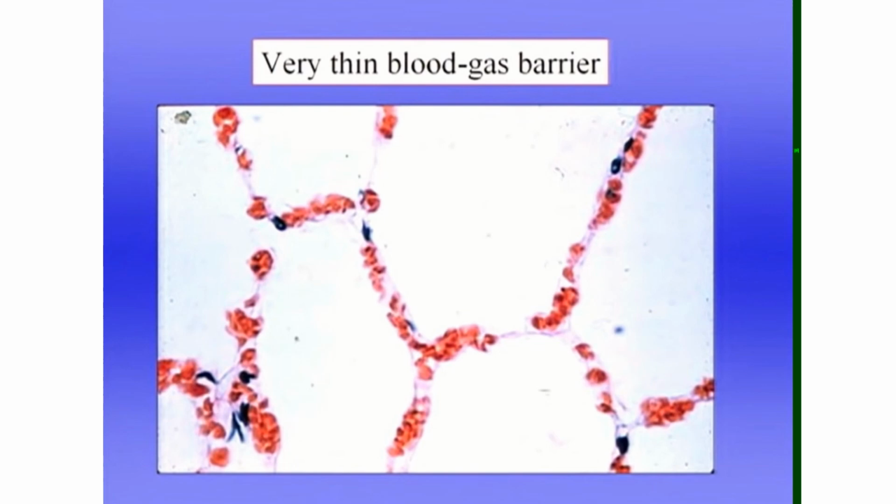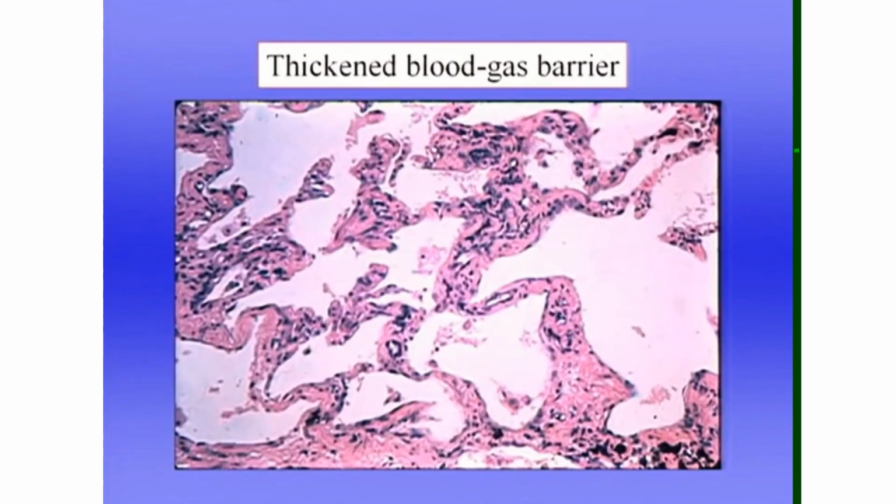This is simply to remind us again that the normal blood-gas barrier is extremely thin. We can hardly see it in the light micrograph. But look at this picture here. Here's a thickened blood-gas barrier from the lung of a patient with interstitial fibrosis. In this disease, fibrous tissue is laid down in the alveolar wall. The alveolar wall is grossly thickened. In fact, I have a hard time seeing the capillaries.